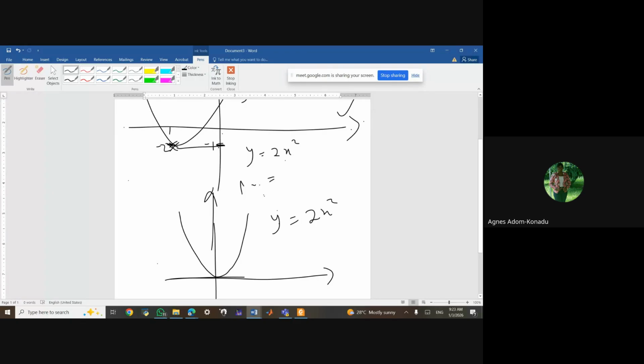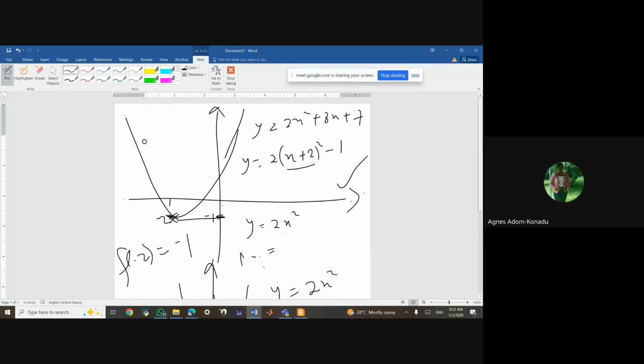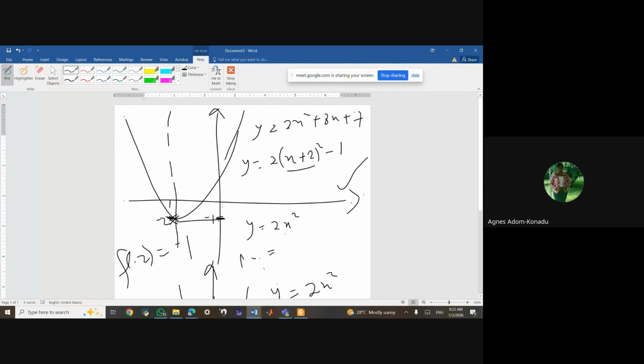So the minimum value is f of -2 is equal to -1. So minimum value is -1, not -2. But the axis of symmetry, that is -2. So you draw the line, not drawn to scale. So that's my -2. So the axis of symmetry is the line x is equal to -2. Our minimum value is -1.